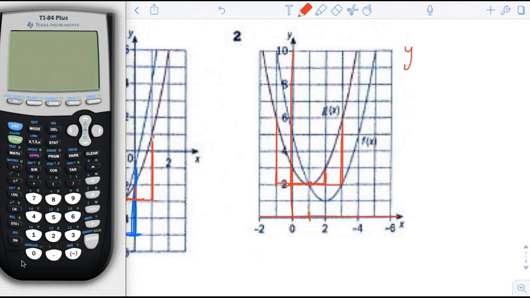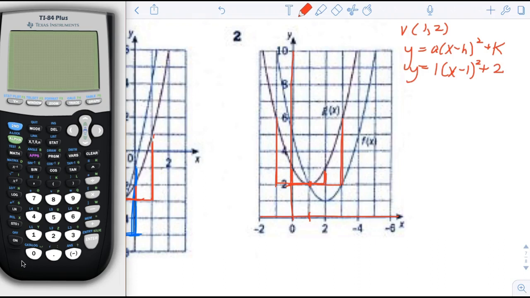So I'm going to write y equals, first the standard vertex form, which looks like that, right? The a value, as I said, is 1. The h value depends on the vertex. The vertex here is (1, 2). So it's (x - 1)² + 2.